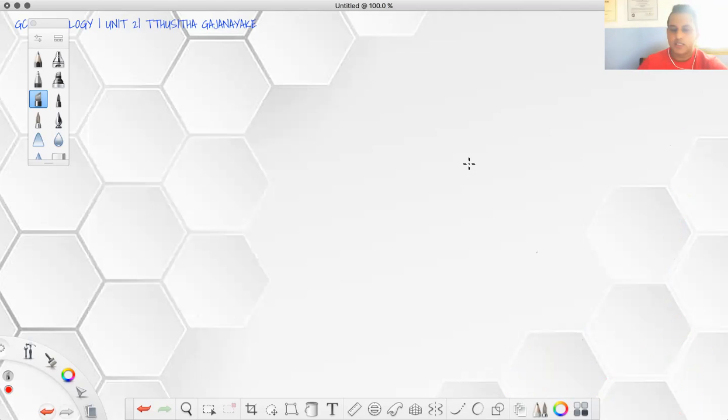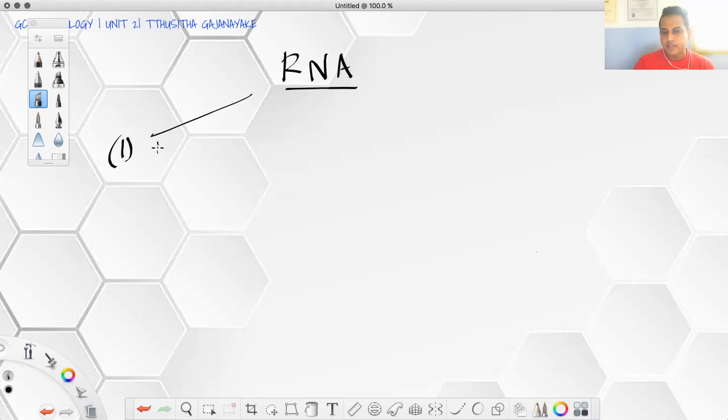Right, now let's see what is RNA. RNA stands for ribose nucleic acid, and it is different from DNA because it has a ribose sugar.